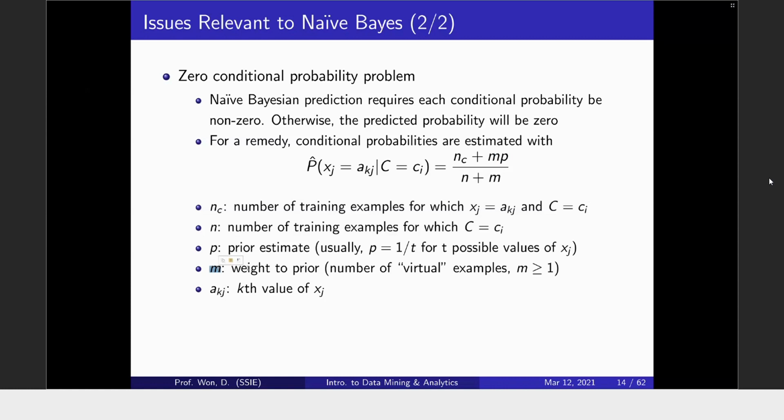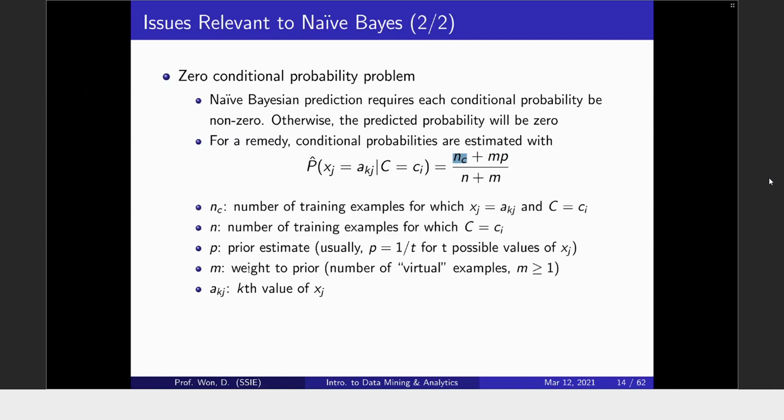We put some weight in order to prevent zero probability. In the worst case, even if we have a zero value, for example, in the database there is no sunny, we put some weight on the prior estimate.